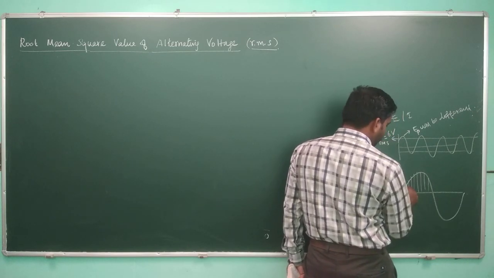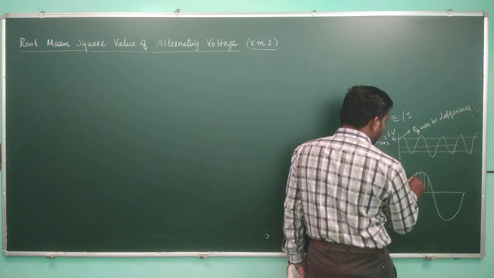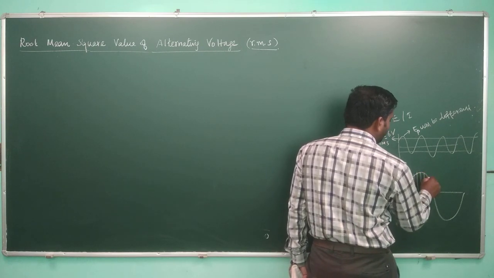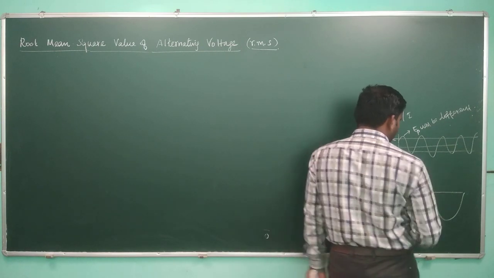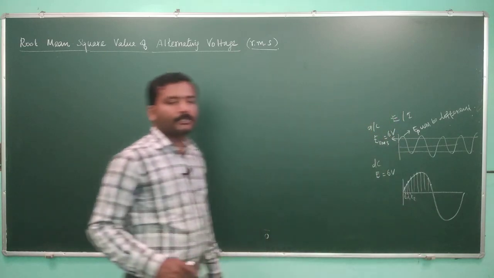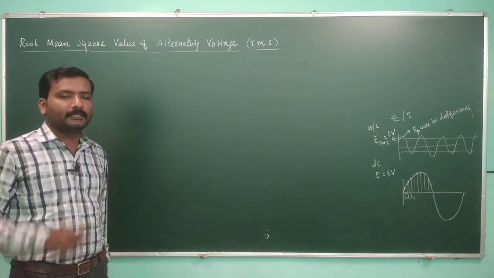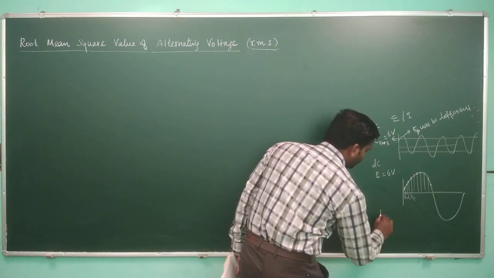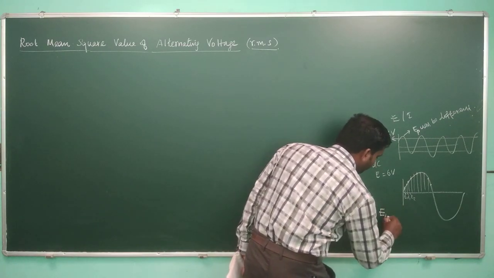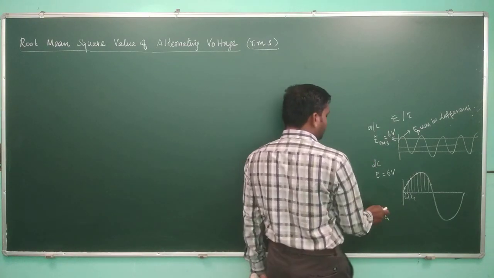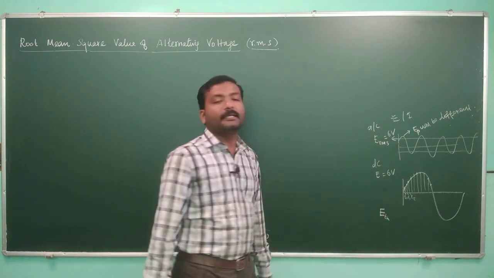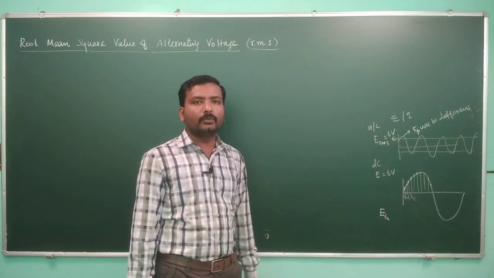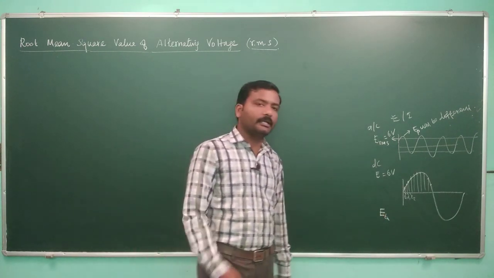You have to take the instantaneous EMF for every moment of this one complete cycle, right? Then take the square of this value E for each moment, E at t equal to 0, E at t equal to 1, E at t equal to 2, E at t equal to 3, and so on.